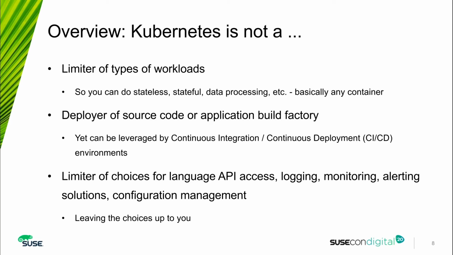That's really it. Plus, it doesn't limit you for logging, right? It's pretty easy to go ahead and grab the logs of all of these things that are running. You can do monitoring, you can do alerting, you can do configuration management like I talked about on the last slide. So the choices are truly up to you. Again, it is an infrastructure for orchestrating microservices. Okay, let's go on to the next slide.